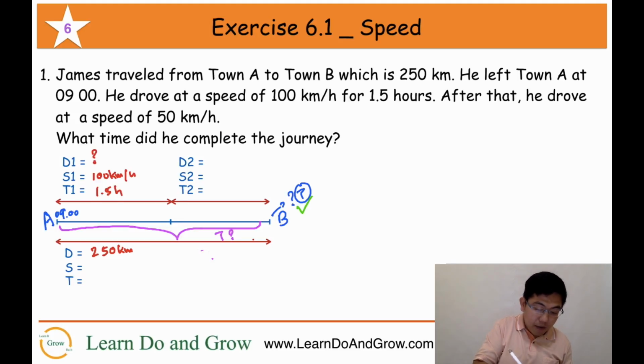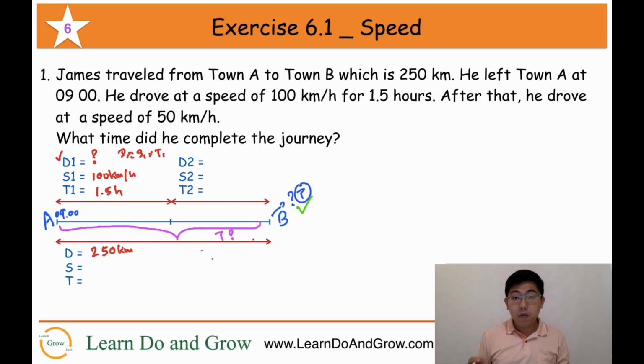And we can find D1. How do you find it? Just apply the formula: D1 equals S1 times T1, the speed of the first part of the journey times the time for the first part of the journey.